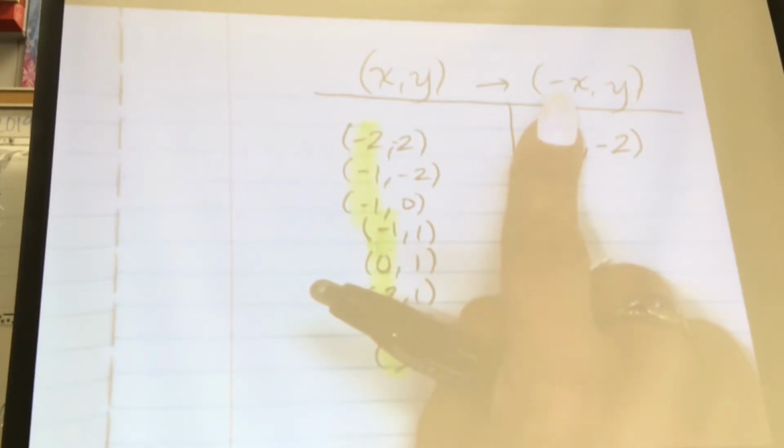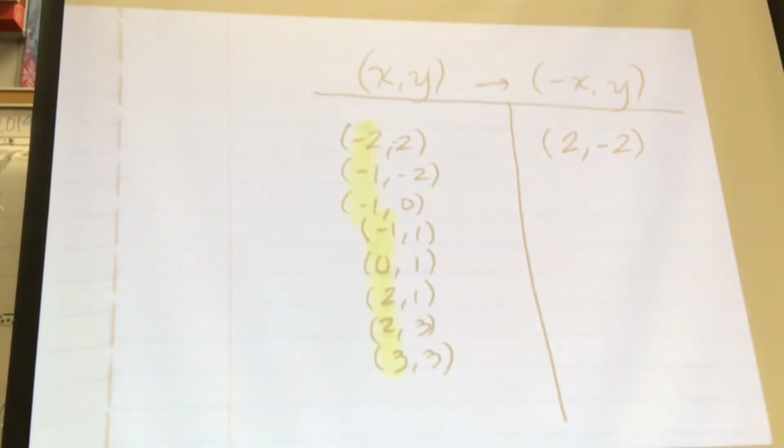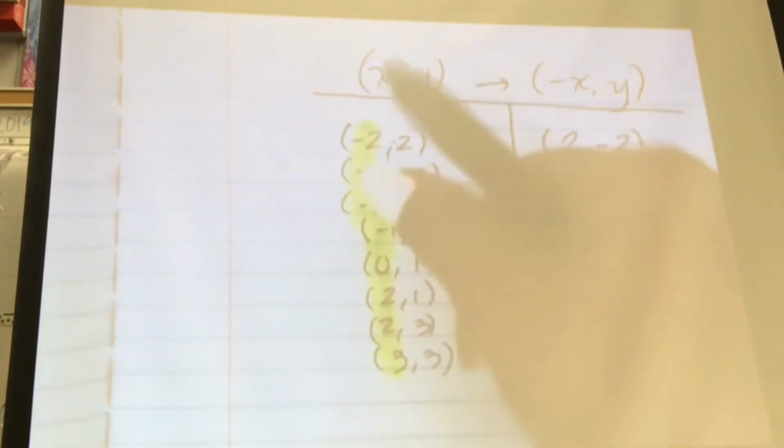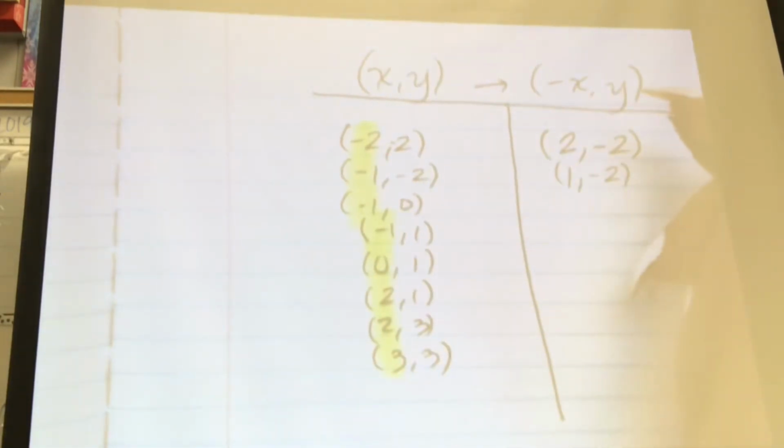Do you all see that? Because the argument changes, the x becomes opposite. Hannah, what about the next one? (1, -2). Isaiah, you see how all of my x's are highlighted? Are yours? Thank you, Ben. Next.